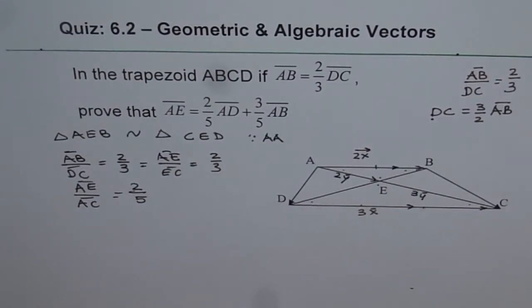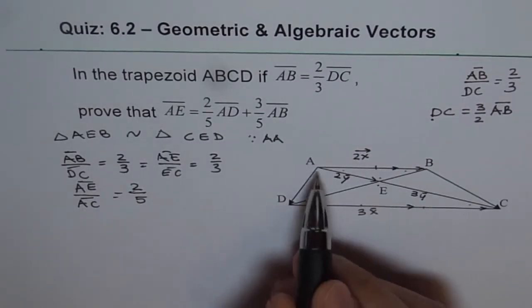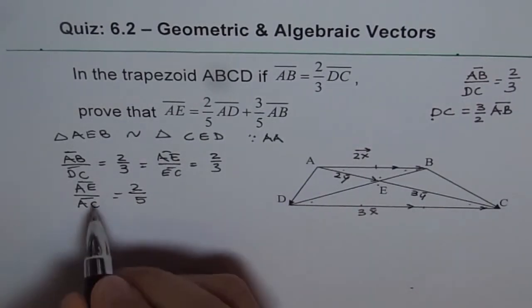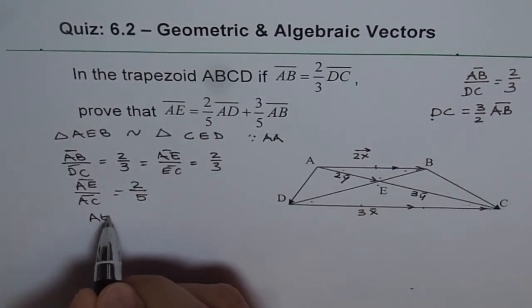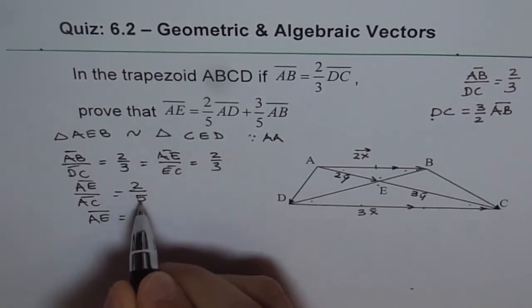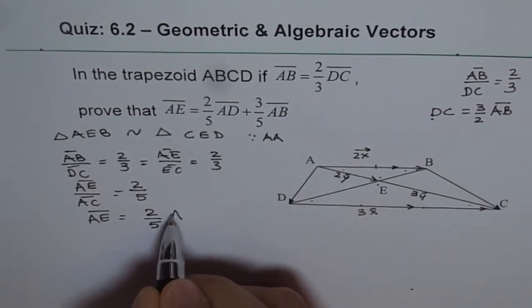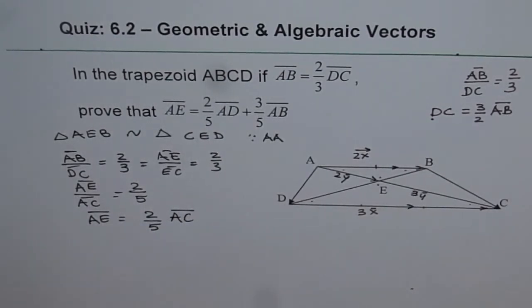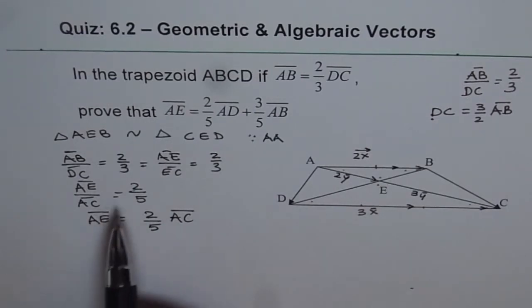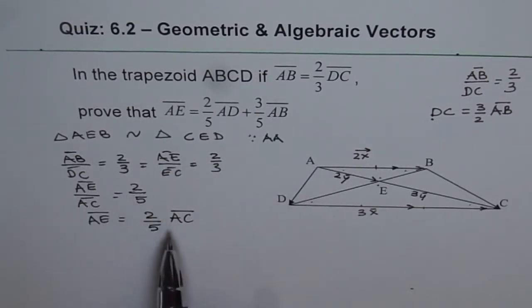Now, let's try to solve this problem. Now we have here AE equals 2 over 5 of AC. Correct? So AE is 2 over 5 of AC.